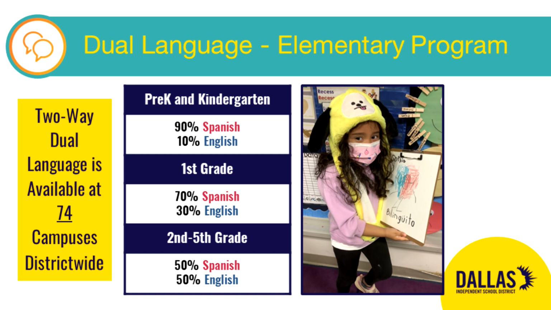So the day will be 50% in both languages from 2nd through 5th grade. Remember, we start with a solid foundation in Spanish, and we introduce English because our goal is bilingualism and biliteracy. And that's in elementary.